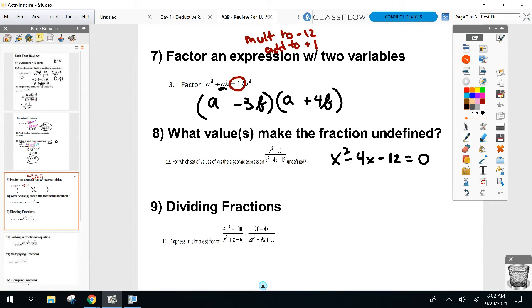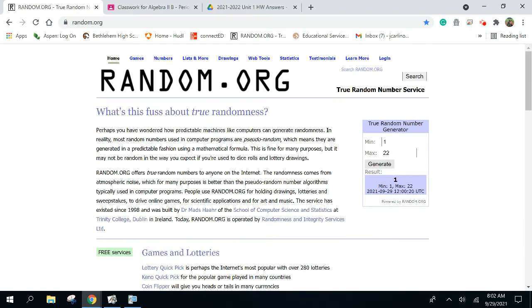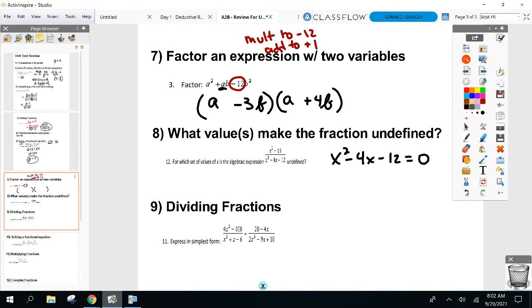All right, and the only way we're solving this is by factoring. Can we do it? Oh, there we go. Mike, you want to try to factor? I'm sure you can. Find some numbers that multiply to this and add to this. Oh, 6 and 2. Good. You got some signage for me? Yeah. So negative 6, positive 2. Good job. How many answers am I going to have that make it undefined? 2, right?